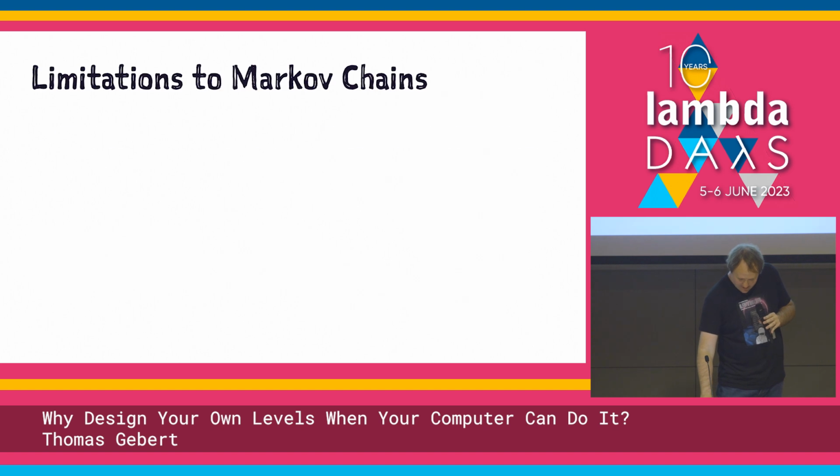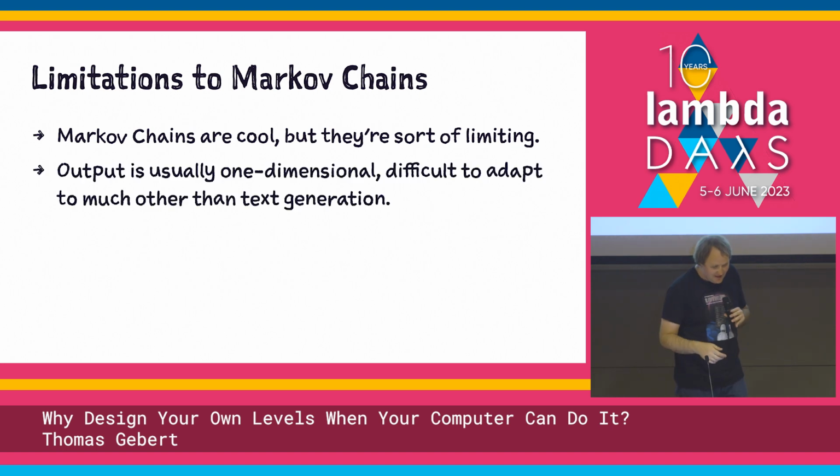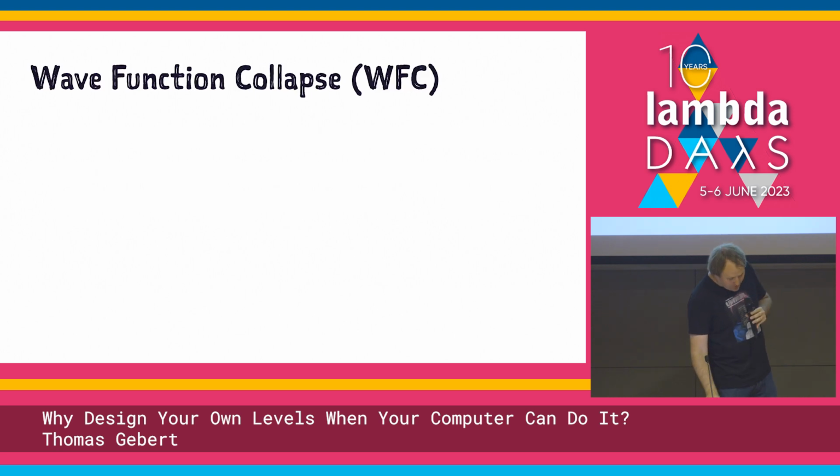But yeah, the limitations of Markov chains are that they're cool, but they're limiting. They're generally one-dimensional, and I couldn't figure out a way to use them for anything but generating funny text, so I threw it away. But there's an abstraction. Software is all about abstraction.